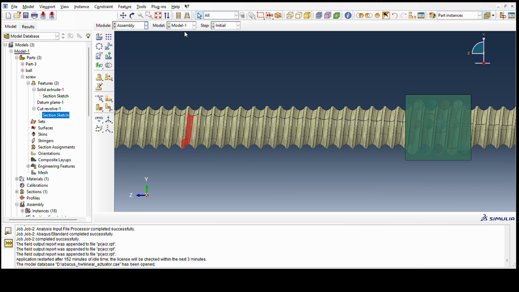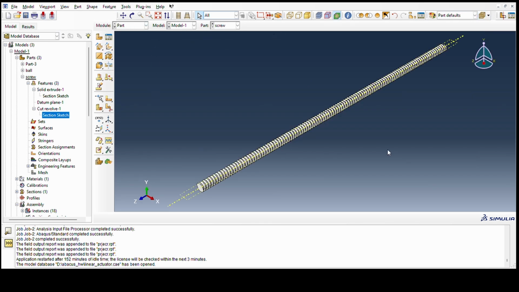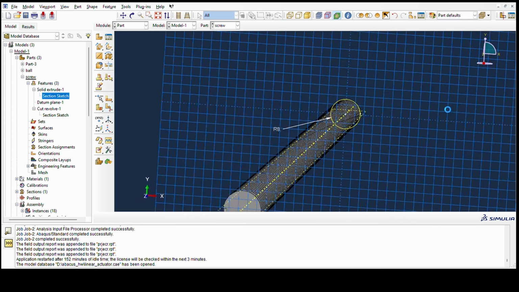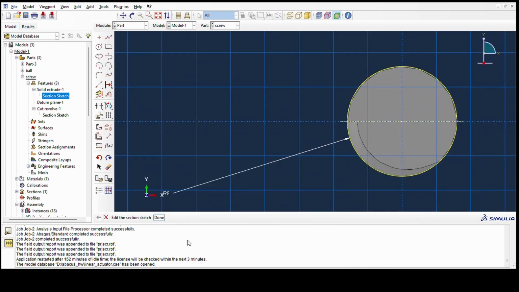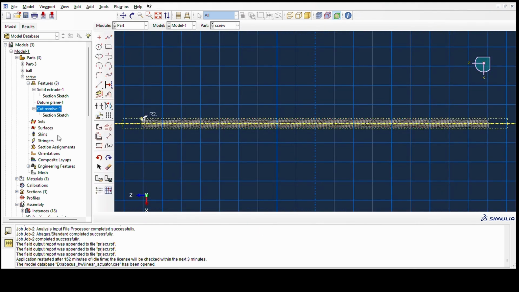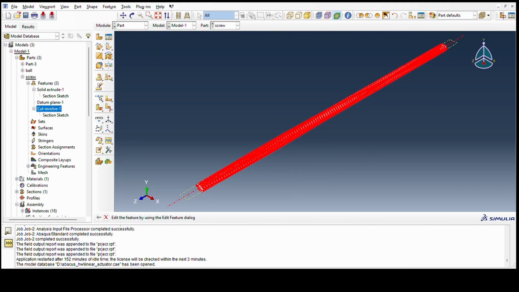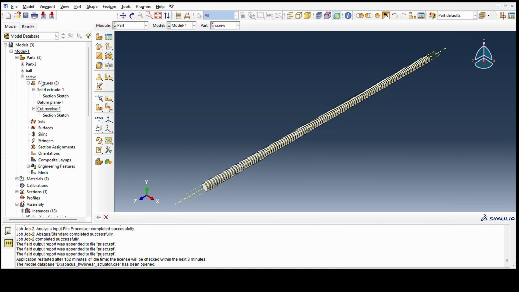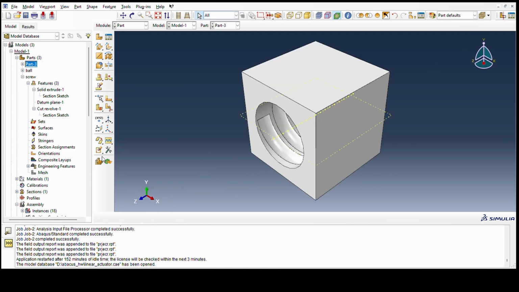To model the screw, I extruded a circle of 8 mm radius. Then I did a revolve cut with a pitch of 5 mm. I did the same thing for the housing part.